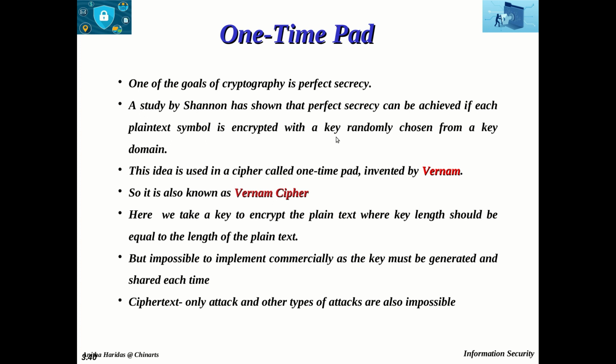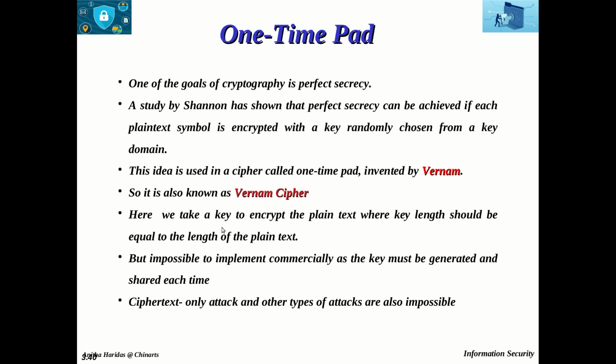So if the key is randomly chosen from the key domain, then we can make the message very, very secure. So the idea is used in a cipher called one-time pad, which was invented by Burnham. So it is also known as Burnham cipher.